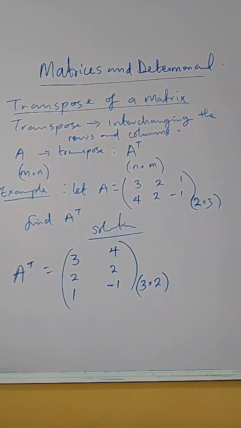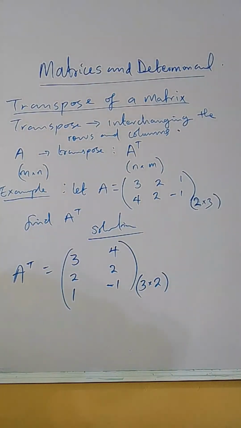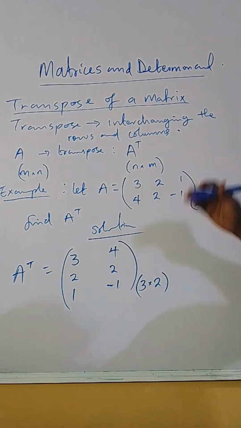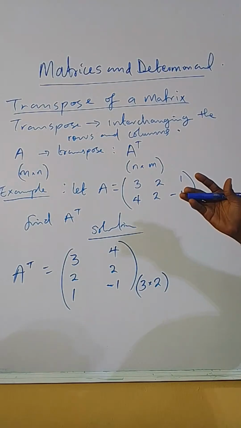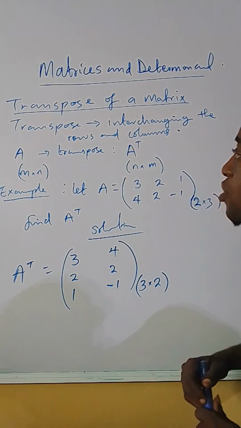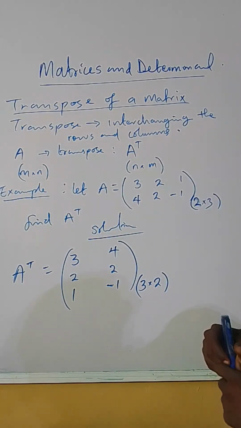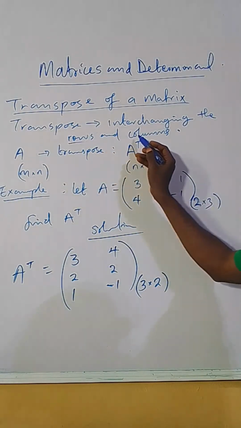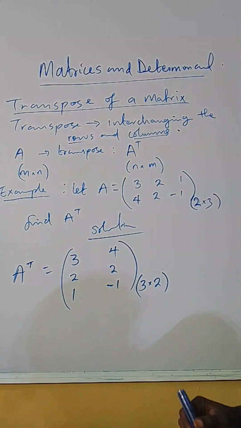Okay, so welcome back to this live transmission. So we talk about transpose of a matrix, and we discovered that transpose of a matrix simply means that we interchange the rows and columns. So the row and column of that matrix will be interchanged.